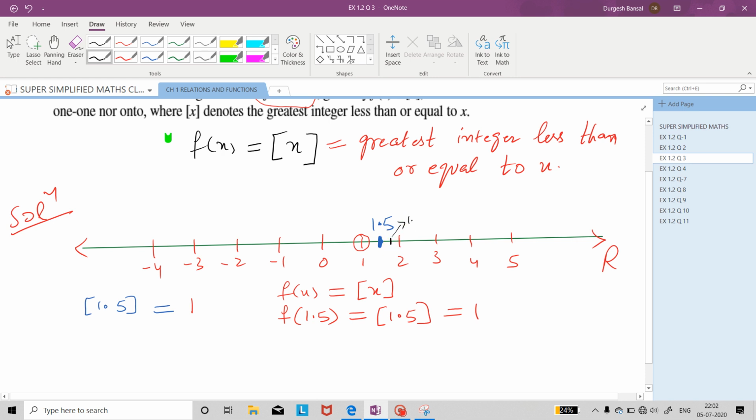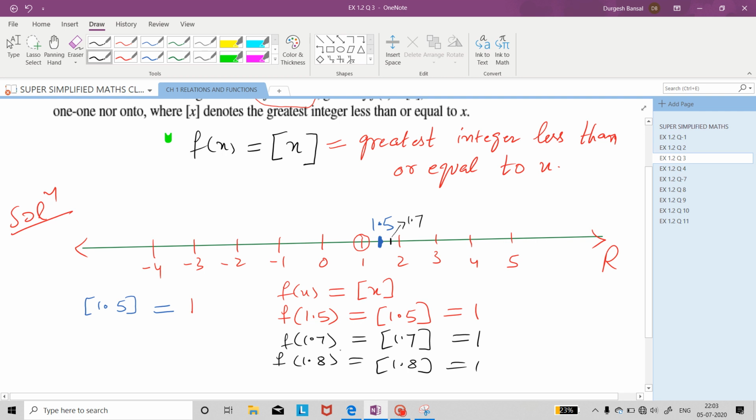What is the greatest integer function of 1.7? Out of all the integers which come before 1.7, the greatest one is 1. Similarly, if you apply it on 1.8, it is also going to be 1. So for all real numbers from 1 till 2, not including 2, their greatest integer function is going to be 1.